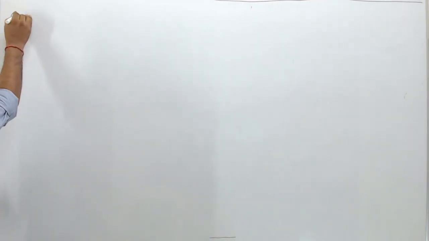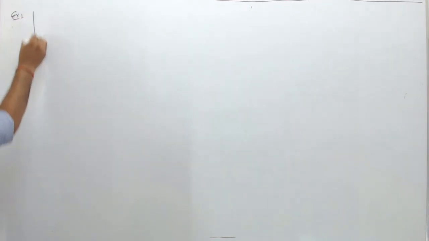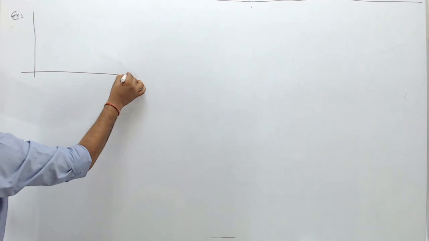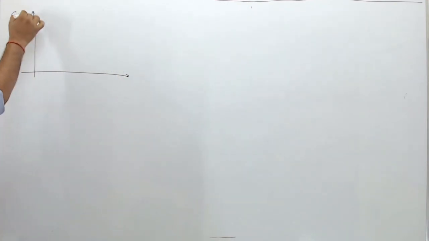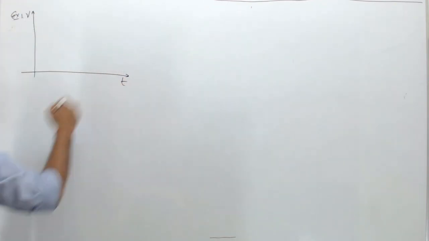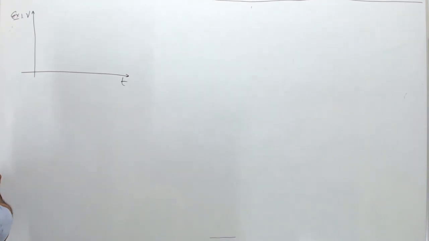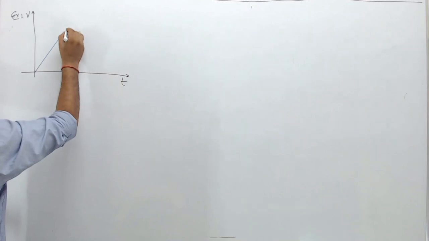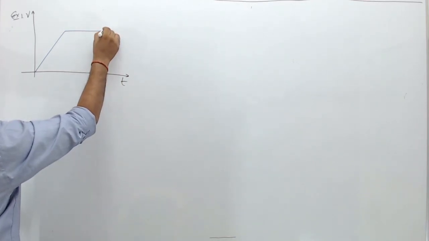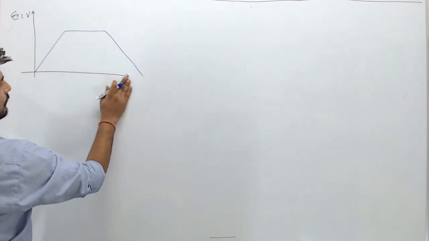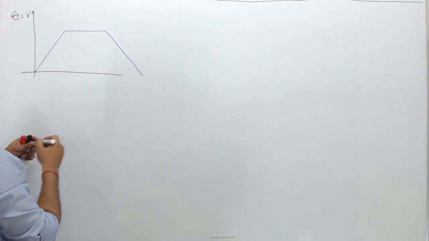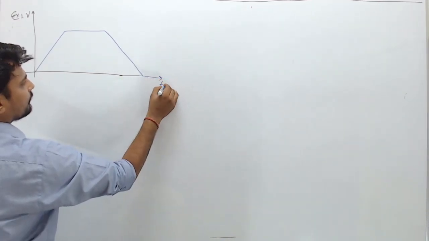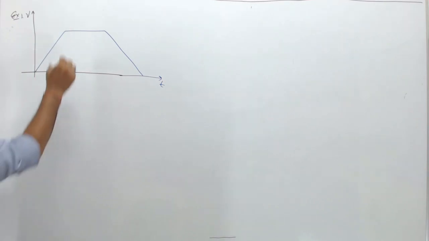Let's suppose example 1. Let's say I give you a velocity time graph like this. This is your velocity, this is your time. Now the body's velocity would be like this. From here it increased, became constant, and let's say came to 0. Now let me give you the timings.